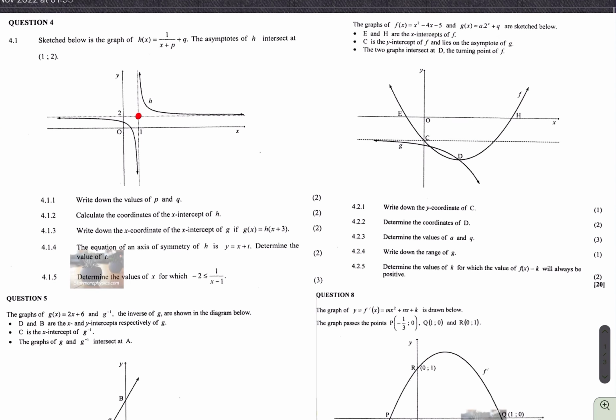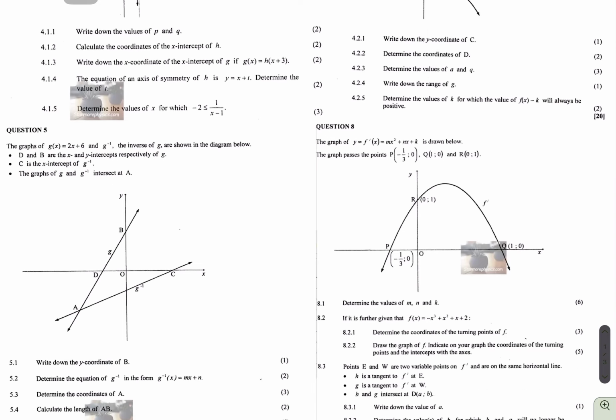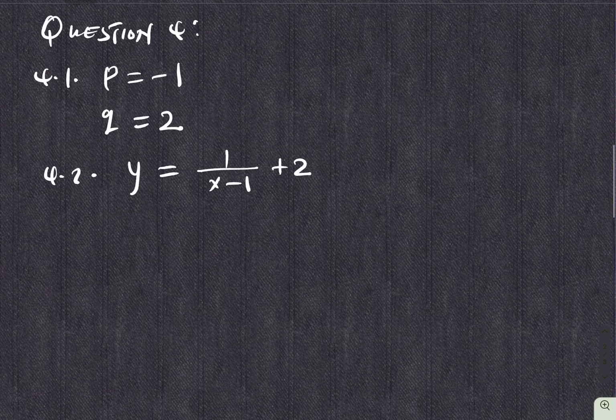They are saying to you that calculate the coordinates of the x-intercept of h, not the x-coordinate of h, the coordinates. Because sometimes you guys have a negative tendency of not getting the question. It means here they want the points, that is x and the y. But if they say the x-coordinate, they want only the x value of that particular intercept.